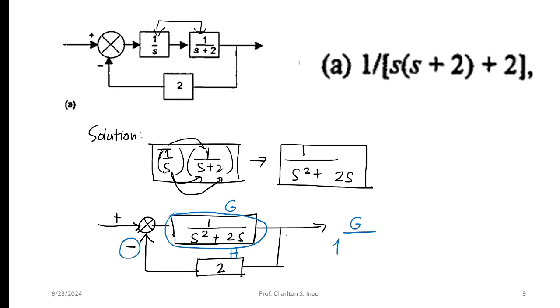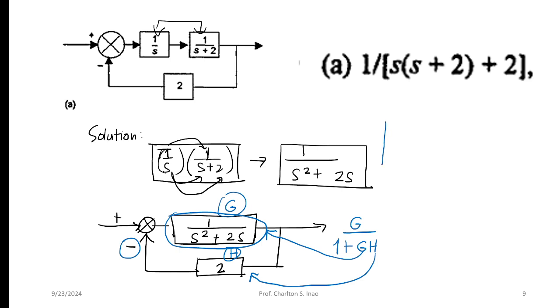If it is negative, just the inverse, so it's going to be positive. Then GH. So the G is this, then the H is this, right?